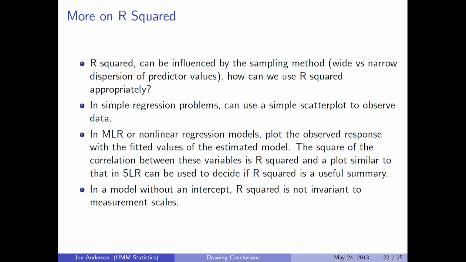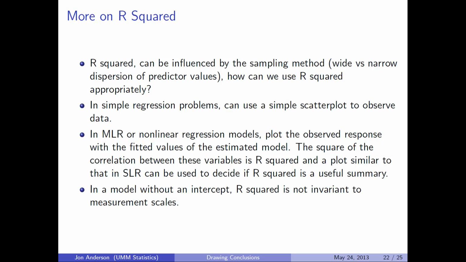In a simple regression problem, the relationship between the response and the predictor is quite easy. You can just use a scatter plot of y against x. But in a multiple regression model, it's really hard to fully understand the strength of the relationship between the response and our predictor set.